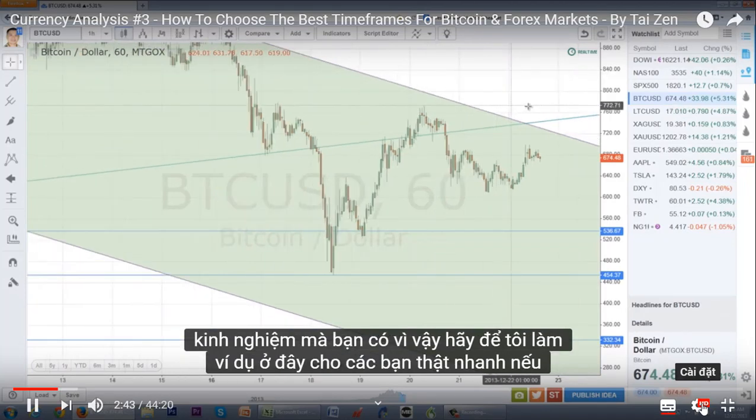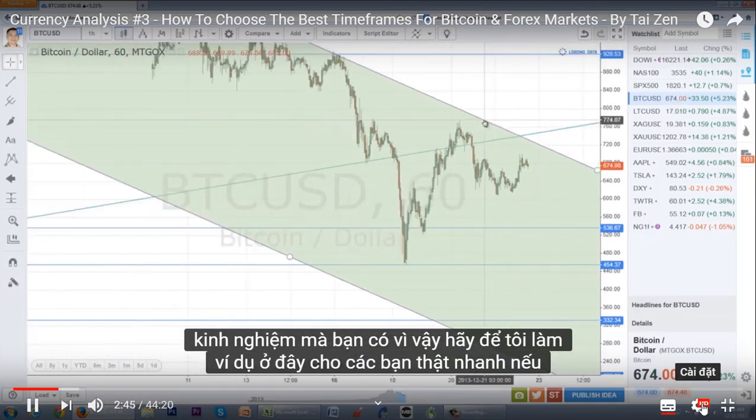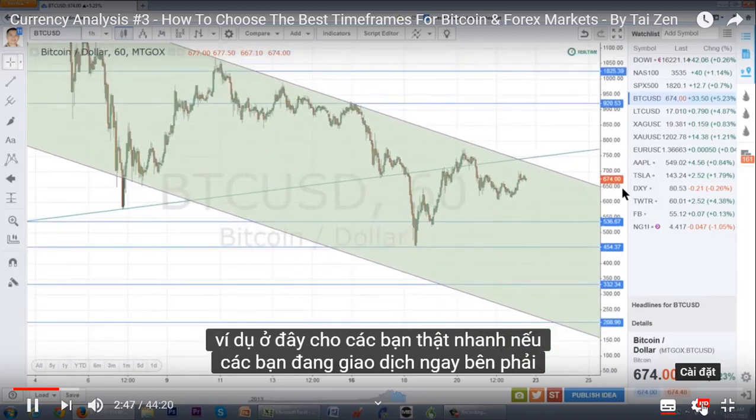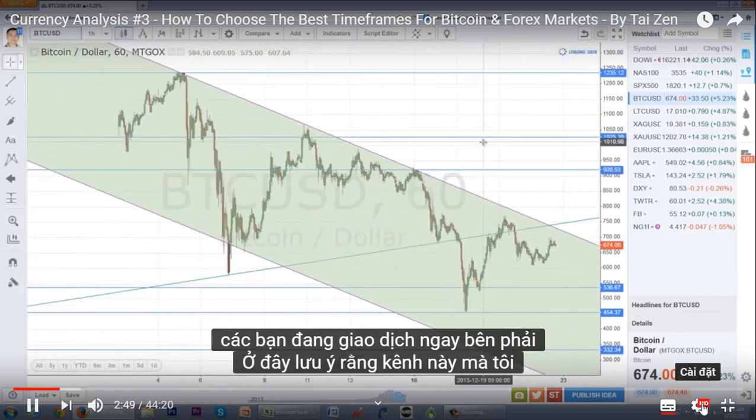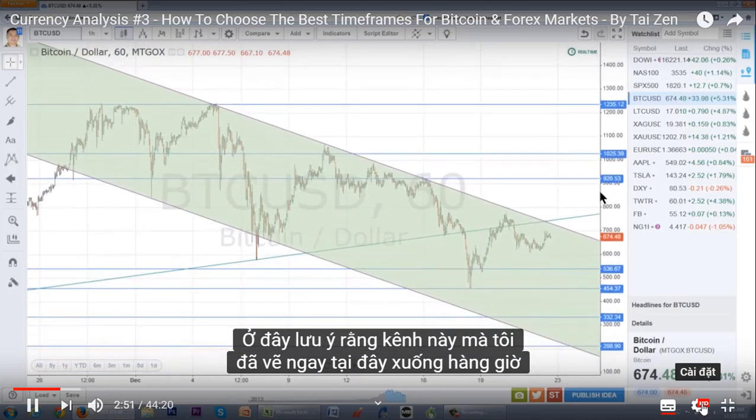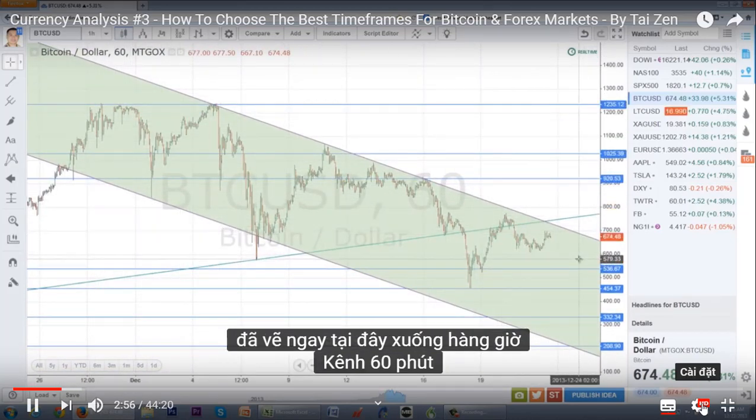So let me do an example here for you guys real quick. Notice this channel that I drew in right here, this downward hourly 60-minute channel.